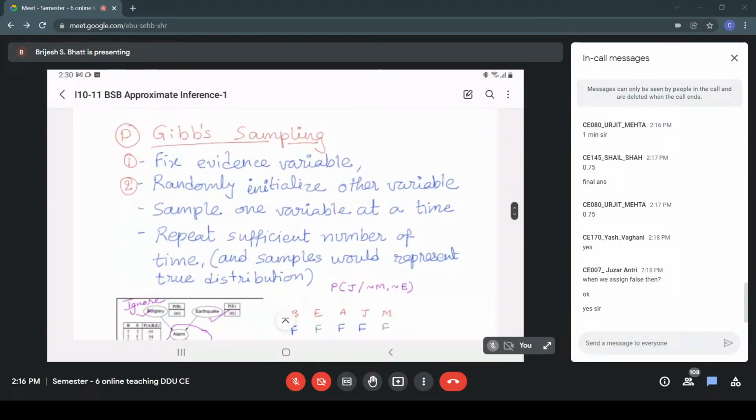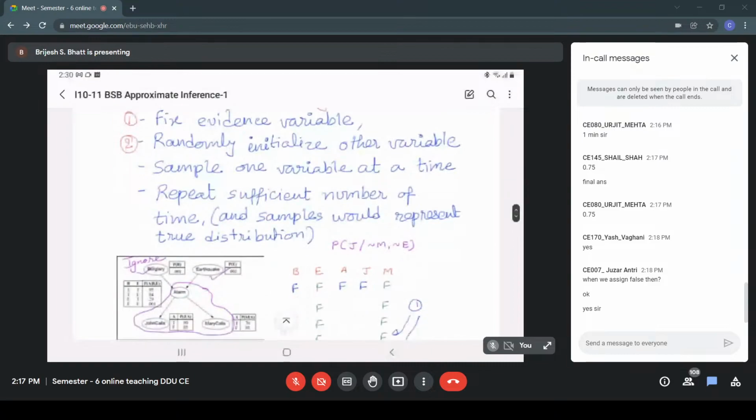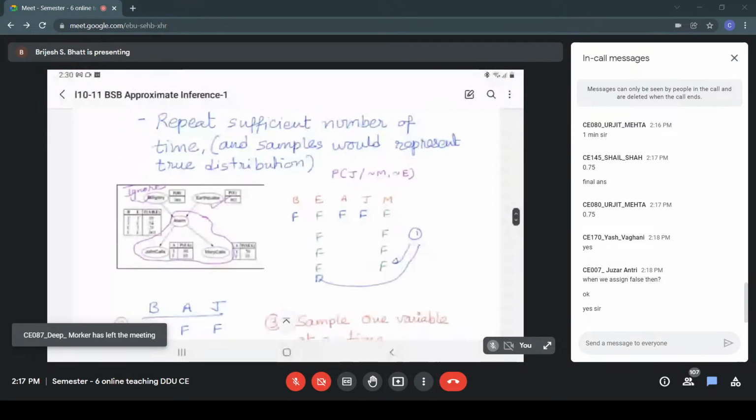Just to revise, in Gibbs sampling, we fix the evidence variables, we randomly initialize the other variables, then we sample one variable at a time and change the value of that variable. We repeat this a sufficient number of times until the samples represent the true distribution. We know that the first thousand iterations are discarded, and then we start collecting.